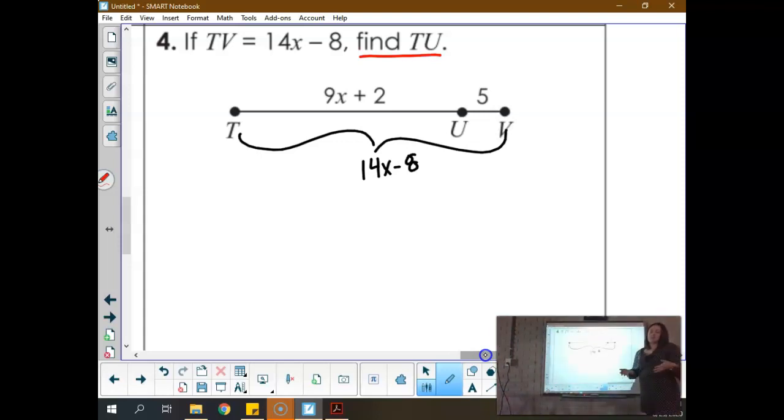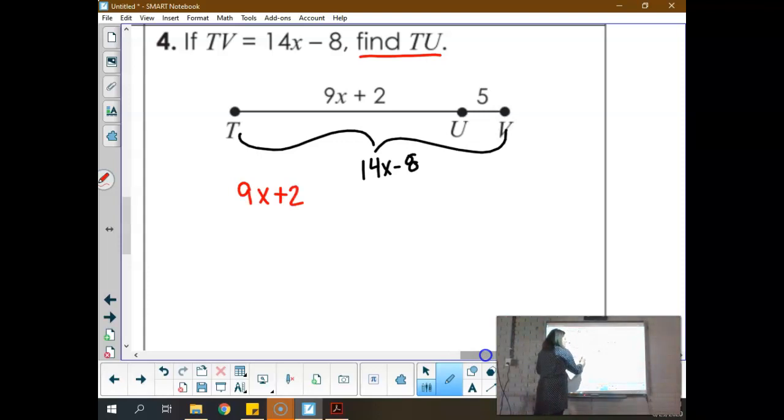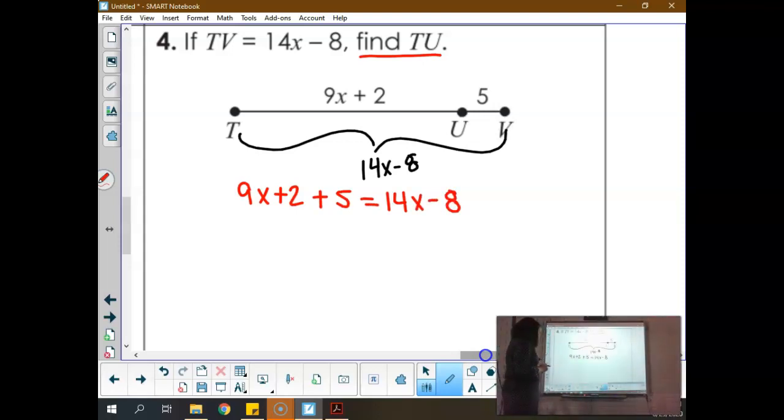You're still going to have to solve for X, but it's an additional step at the end where you have to plug in your value of X. So if we're doing what we did last time, it's part plus part equals whole. Part 1 is 9x plus 2. Part 2 would be 5. And this equals 14x minus 8. My poor computer is a little laggy because it's trying to upload your notes for part 1. Again, start with combining your like terms.